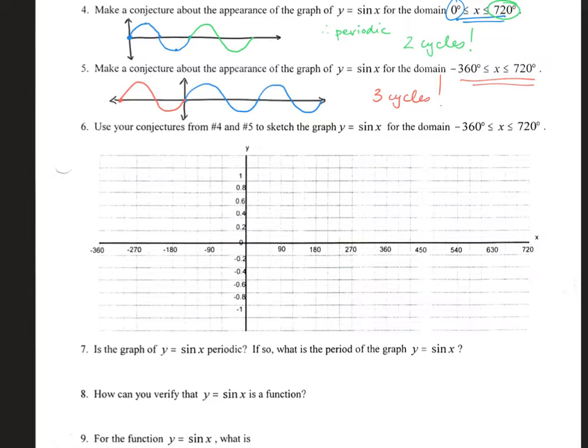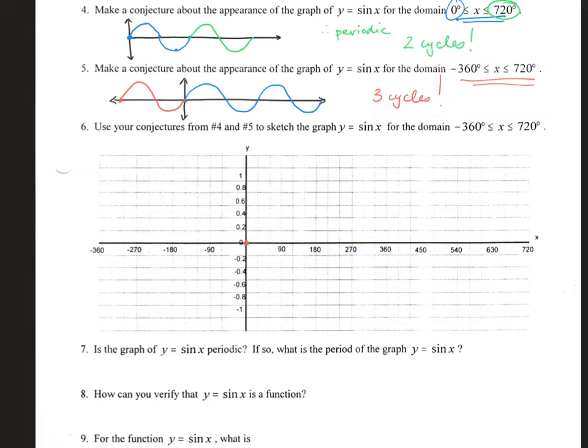At the very least, we know when our graph is at 0, is at its max, is at its min. So if I graph in red my first positive rotation of my sine curve, I know my sine curve starts in the middle and now it rises.